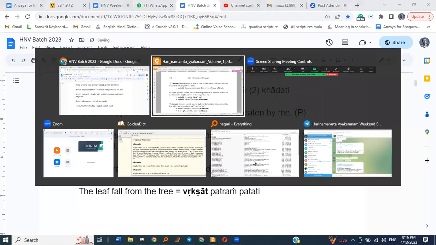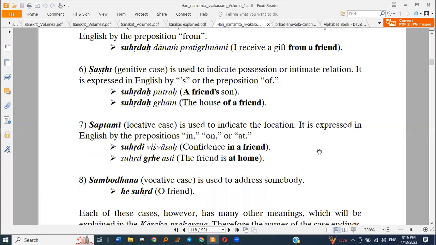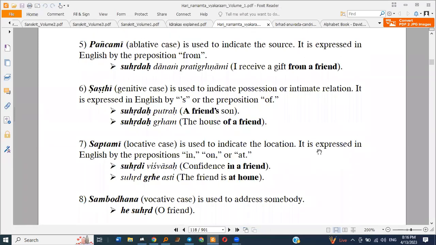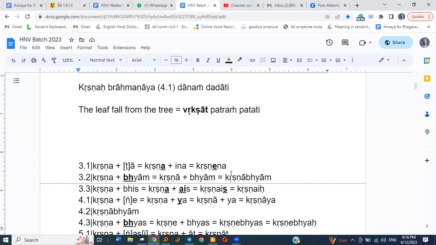That's the fifth case. Then the sixth case is Shashti, genitive case, used to indicate possession or intimate relation. It is expressed in English by apostrophe S or the preposition of. So this is used to express relation between two things, sambandha. For example, Krishnasya, the devotee of Krishna.